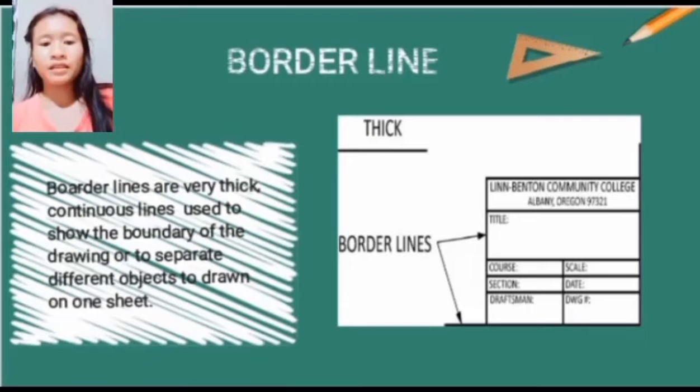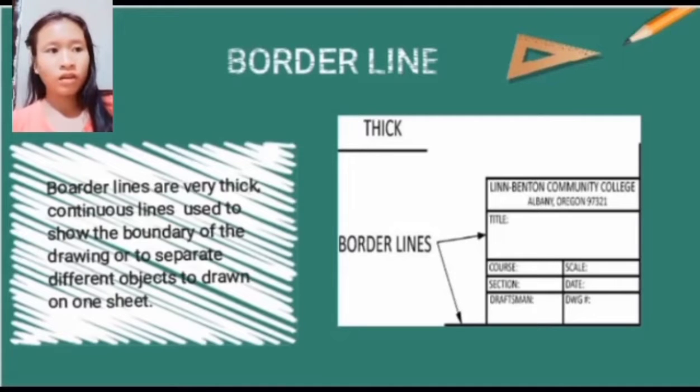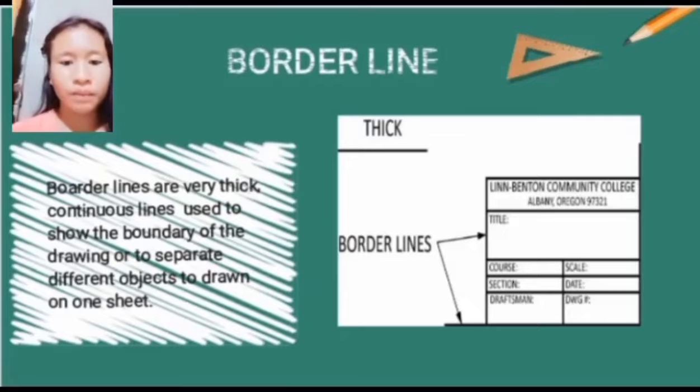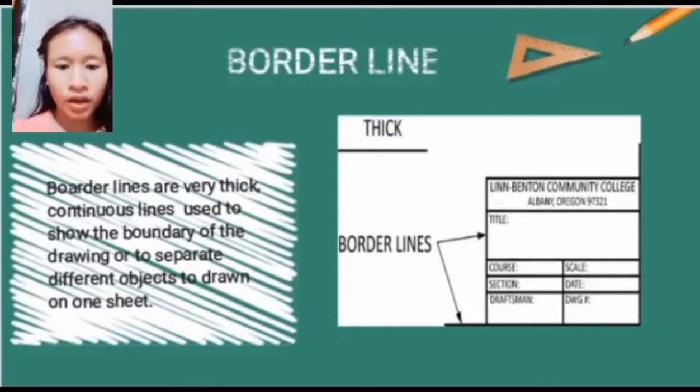And then we have, last, the border lines. Border lines are very thick, continuous lines used to show the boundary of the drawing or to separate different objects drawn on one sheet. A border line is drawn around the inside of the edges of the paper, and it usually measures 10 mm from the edge of the paper.